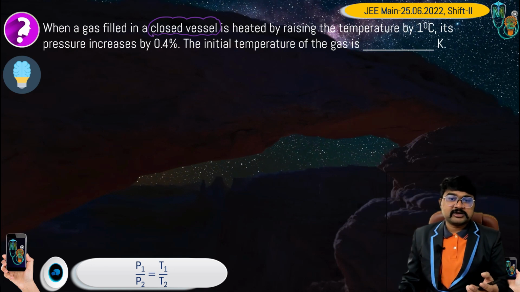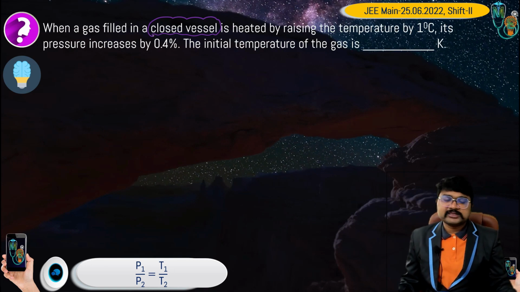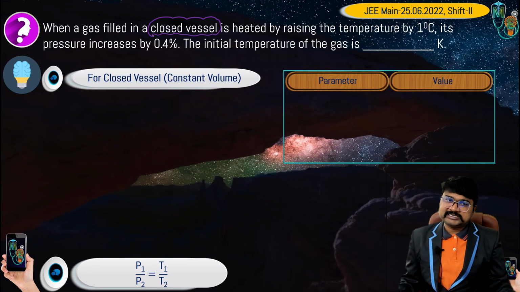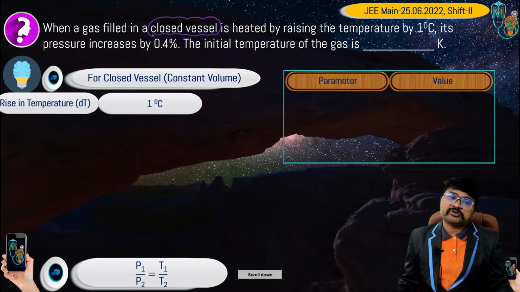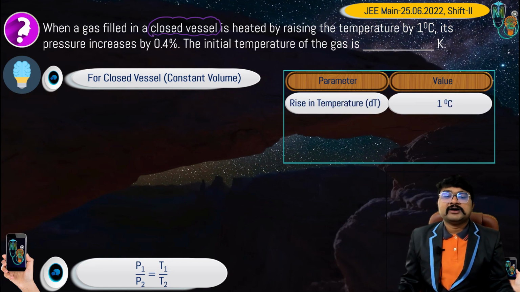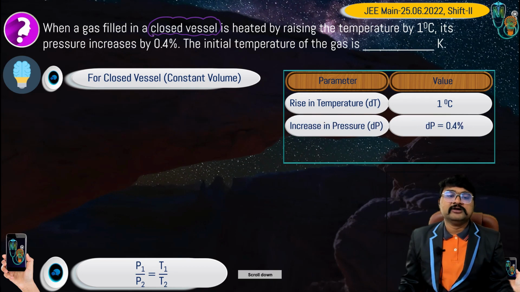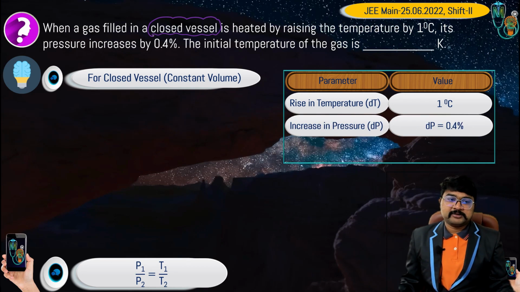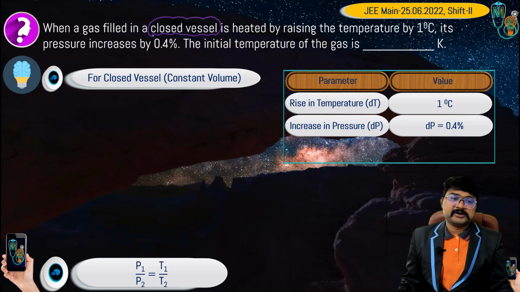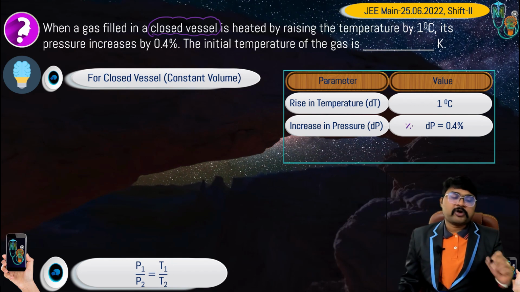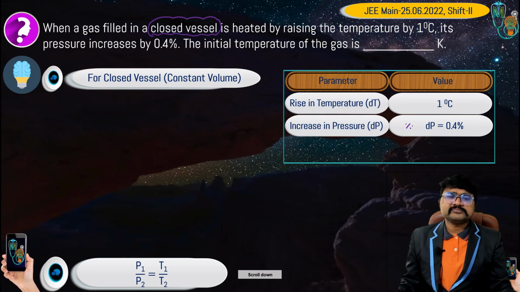Temperature and pressure both are varying. Like that we need to follow. Understood? So we need to assume that it is rigid. That is why volume is constant. What is the given data? Rise in temperature dT equal to 1 degree centigrade. Percentage increase in pressure, dP, is 0.4%.